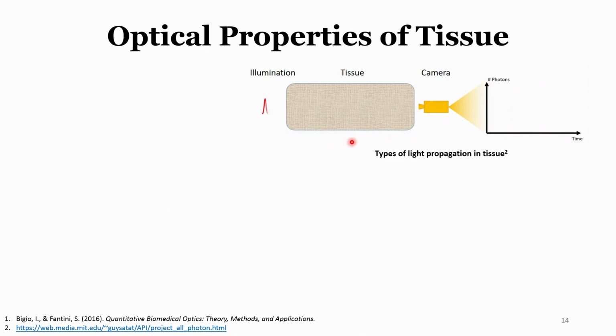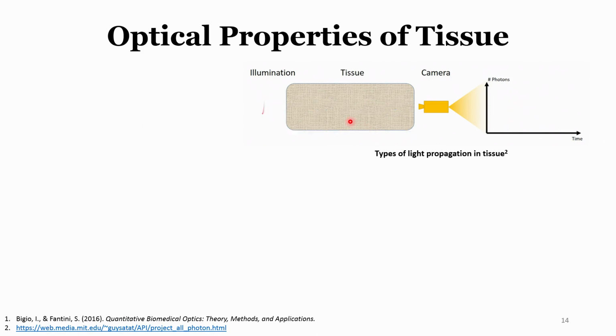Snake photons undergo scattering which is again not many, a small number, still the lowest being in the case of ballistic photons. And then finally, we have the diffuse photons, which scatter the highest.